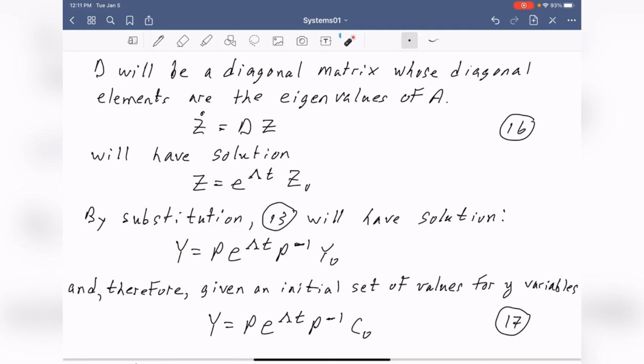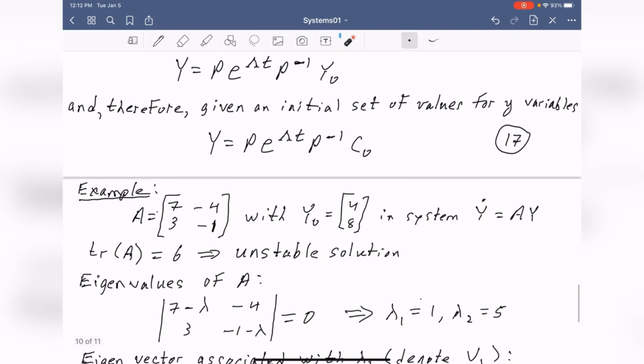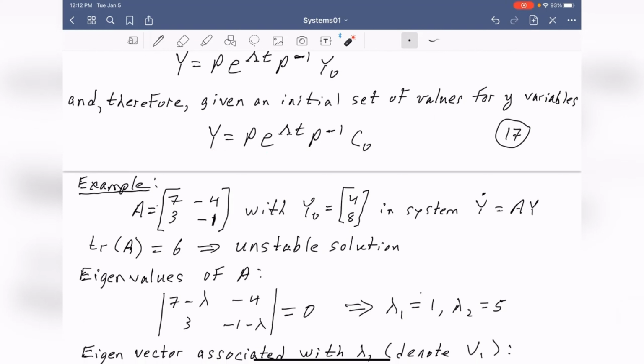And by substitution, 13 will have the following solution, where y is equal to P times e to the capital lambda t, post-multiplied by the inverse of P, and then post-multiplied by that vector of initial conditions, which we then transform into the initial set of values for the y variables, y0, and we get this equation 17, which is the result. So let's look at this example.